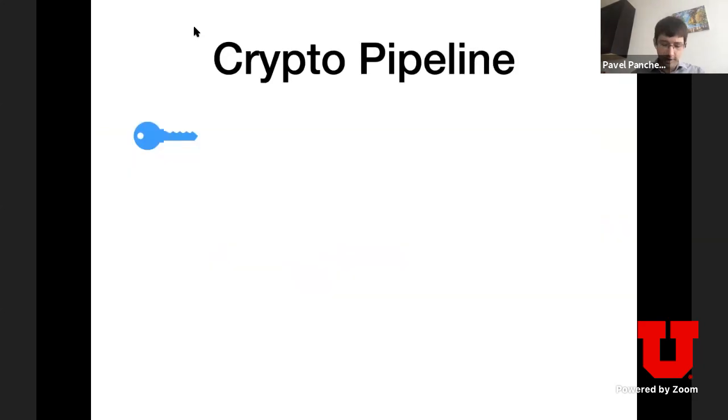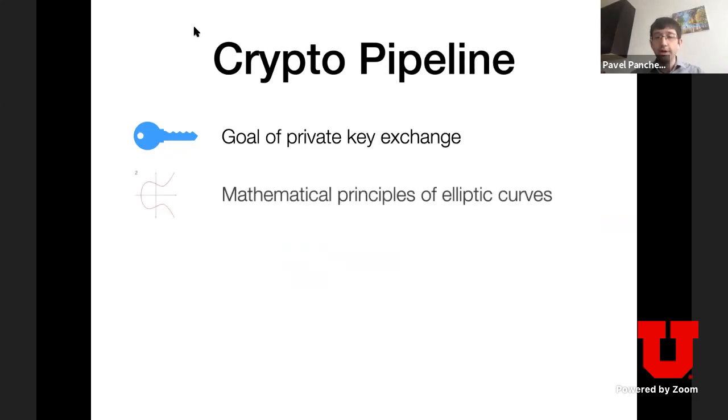So how does Fiat do this? Basically speaking, Fiat traverses this long pipeline. At the top of the pipeline, you've got this general goal: you want to do private key exchange using that algorithm we discussed at the beginning, Diffie-Hellman key exchange. Then this goal is implemented via these mathematical principles of elliptic curves, which provide a blueprint by which you can achieve private key exchange.